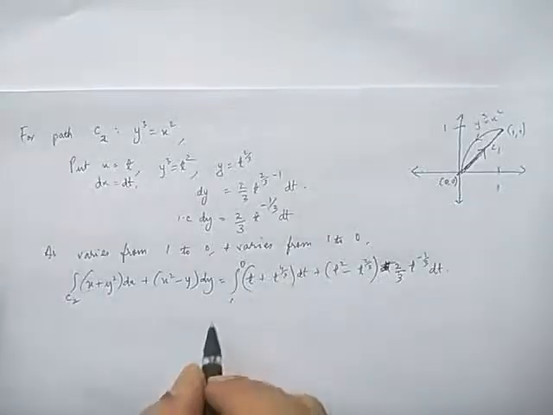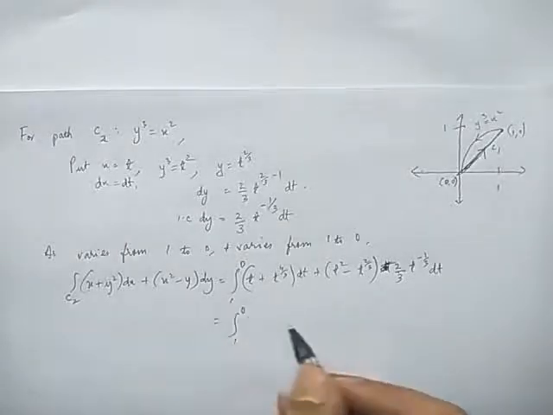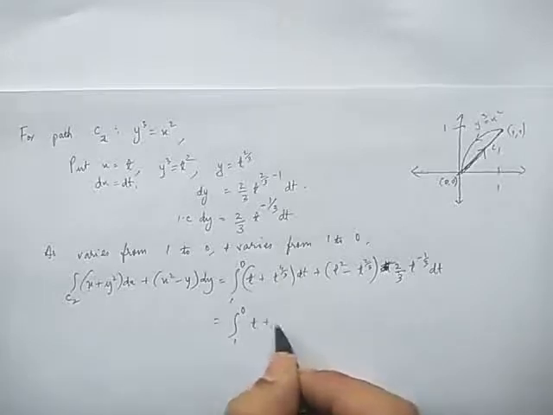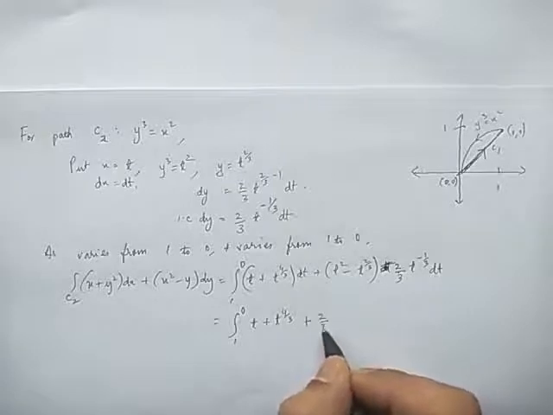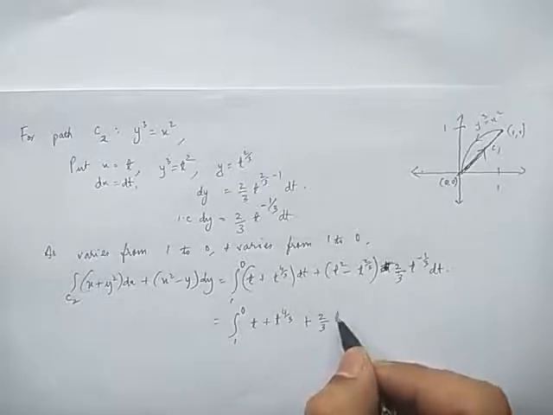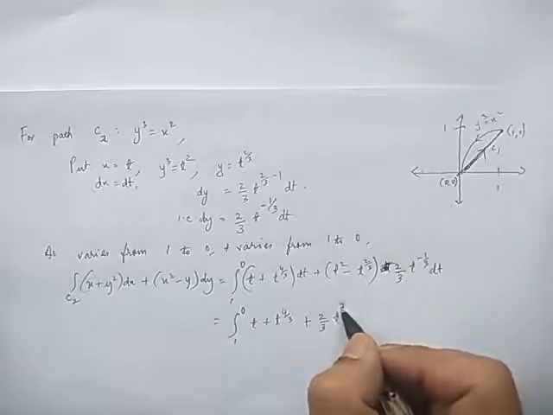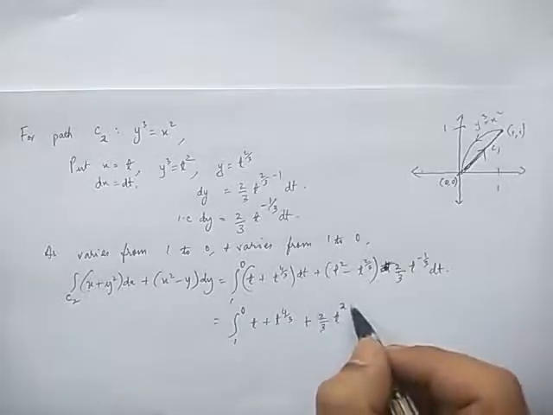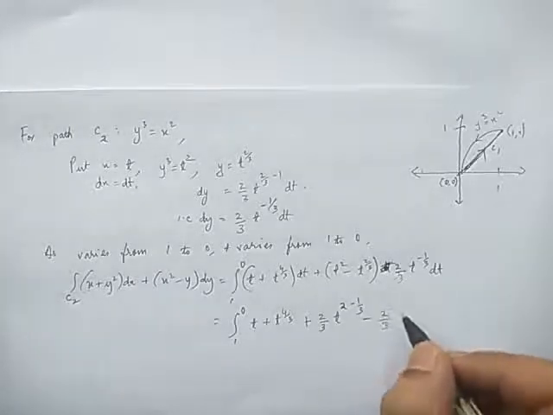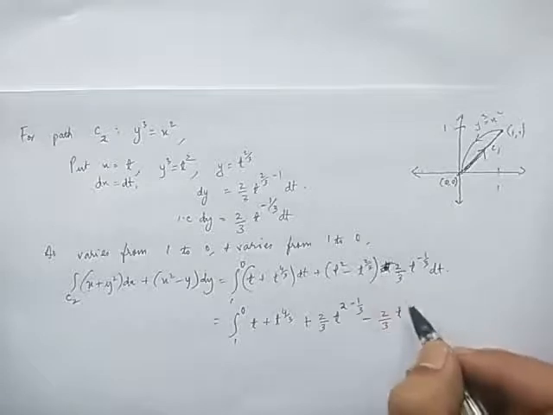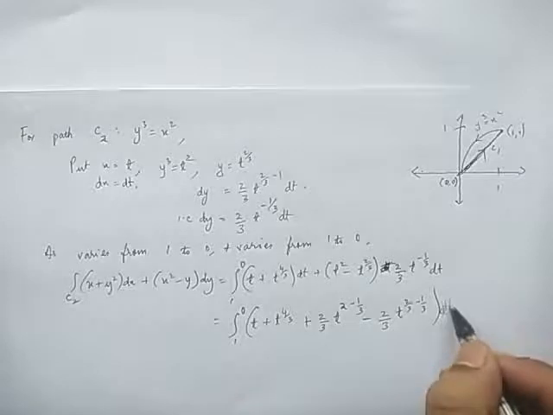Okay, so this will be integration from 1 to 0 of t plus t to the power 4 by 3 plus 2 by 3 t to the power 2. If I multiply this one, I can just add the power, minus 2 by 3 t to the power 2 by 3 minus 1 by 3 dt.